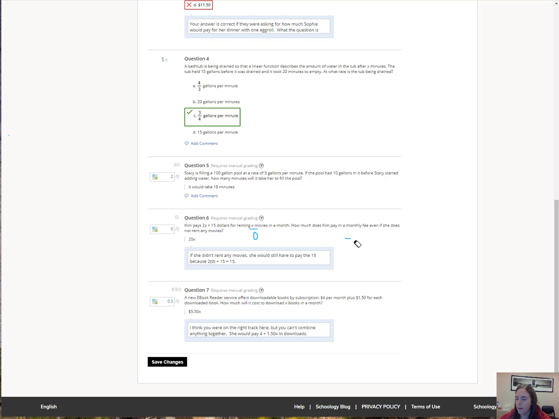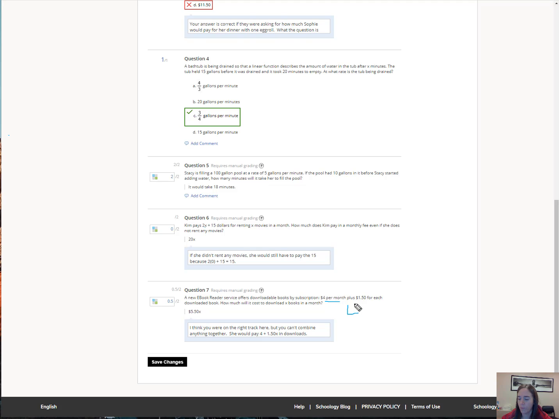Okay, and then last one here is similar. It says a new ebook reader service offers downloadable books by subscription, $4 per month plus $1.50 for each downloaded book. How much will it cost to download X books in a month? So this one you're creating an equation. You always think about, okay, what am I starting with? I'm starting with $4 per month.